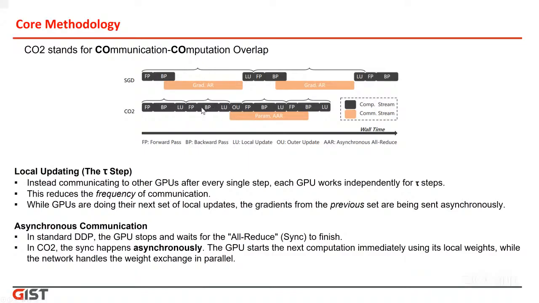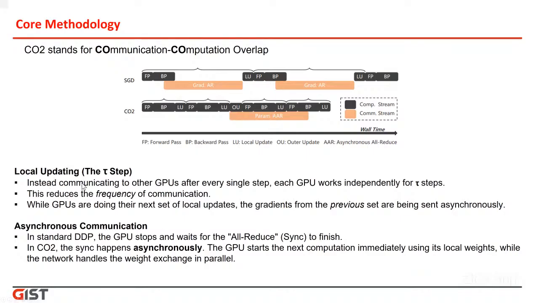They skip this communication step, which used to happen between the GPUs after every step. Later, after some predefined steps, they start the asynchronous communication in parallel, because eventually the results have to be synchronized to do the correct training.